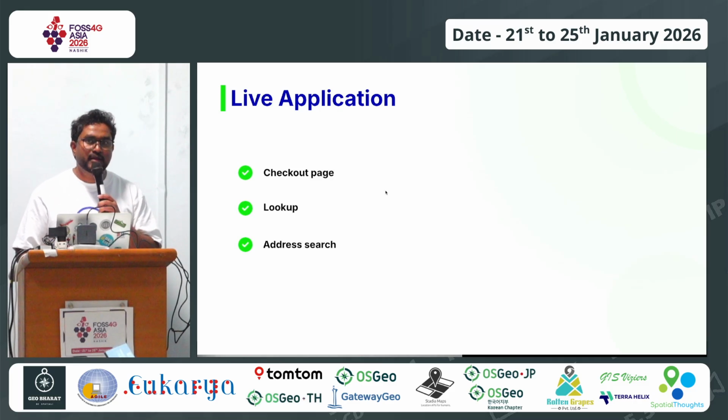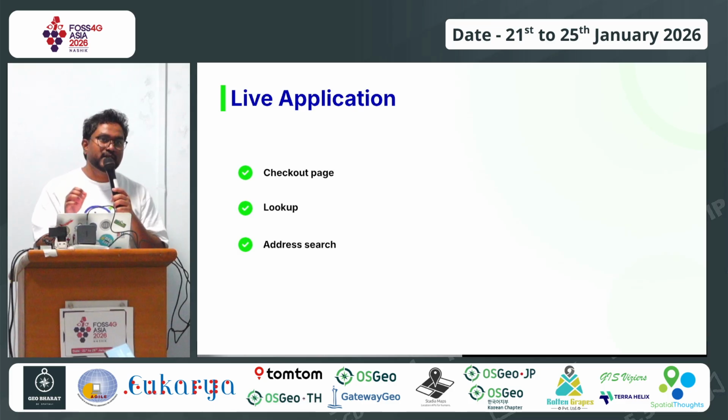Another is lookup, where you put a pin and reverse see what is behind it, the location details and all. And address search, but this address search is purely based on OpenStreetMap right now. We don't have any proprietary library for that. It means if you search any address, and that address or building name or place name is in OSM, you will get it.